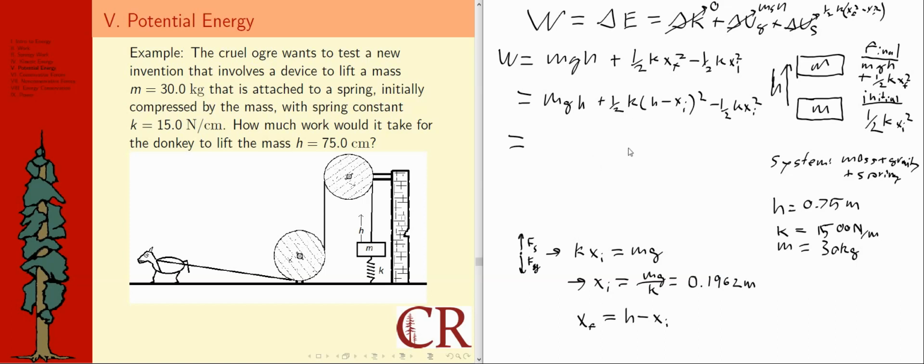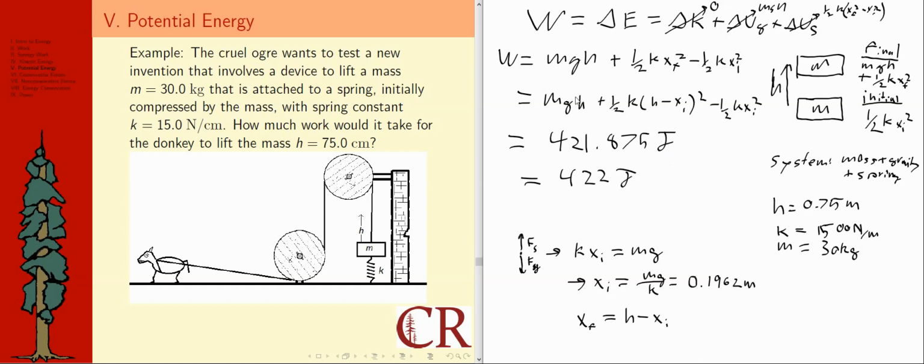I maybe have enough space to fit all that in, but when I start putting in all the numbers, it's going to get pretty crazy. So maybe I would just write down the result I got here, which was 421.875. And that should be in joules. But I think that's going to round off to just 422 joules at 3 significant figures. So that's what I'm going to report as my final answer.